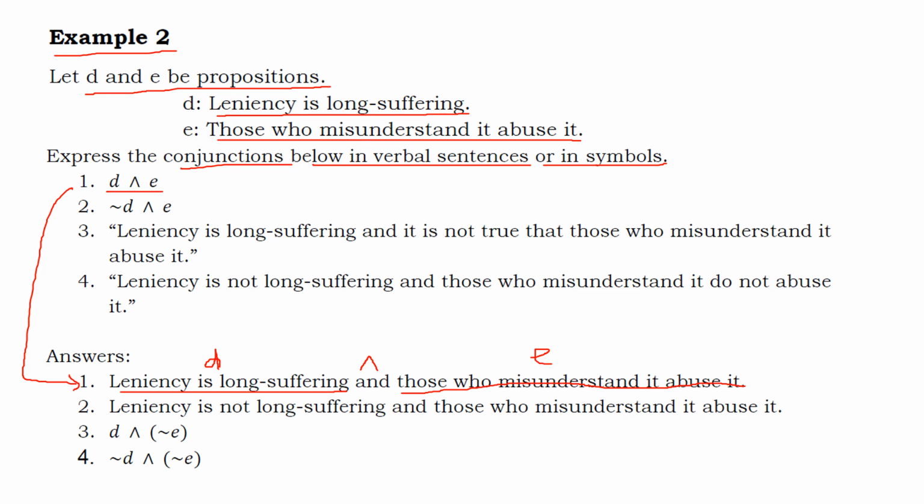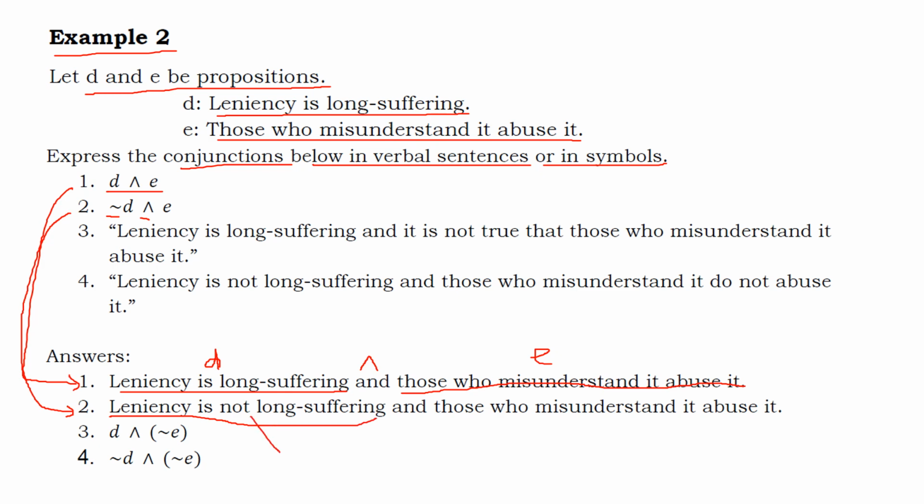And for number 2, as you can see, there is an involvement of two logical connectors, no? That will be your negation and your conjunction. As you can see here, leniency is not long suffering.